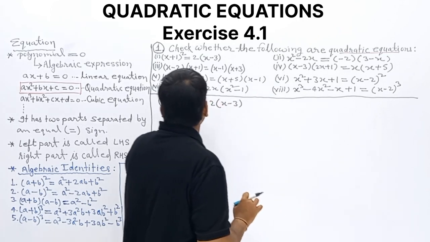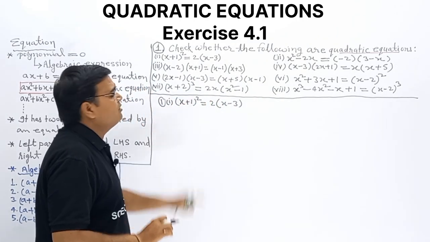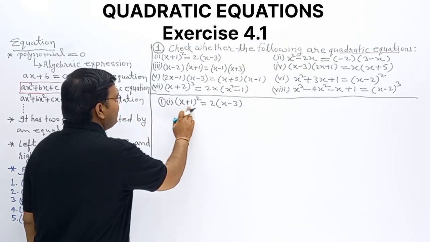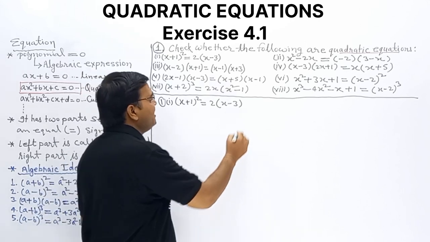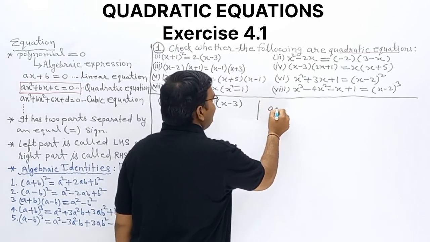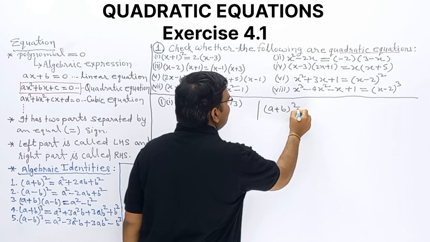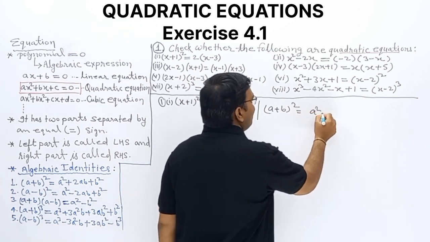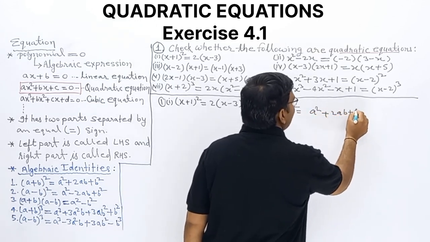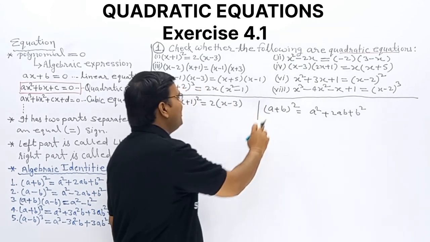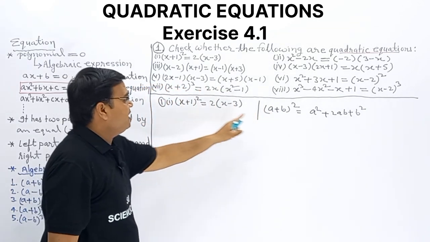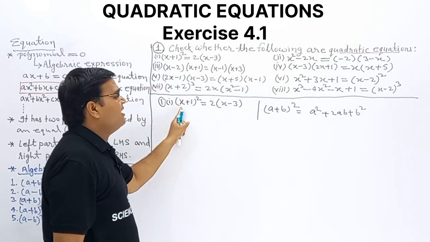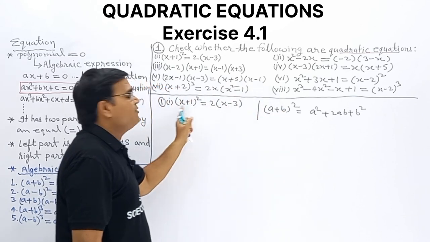Now, in the left hand side, we are having x plus 1 whole square. In which, what will we apply? We know a plus b whole square will be a square plus 2ab plus b square. Now at the place of a we are having x, at the place of b we are having 1.